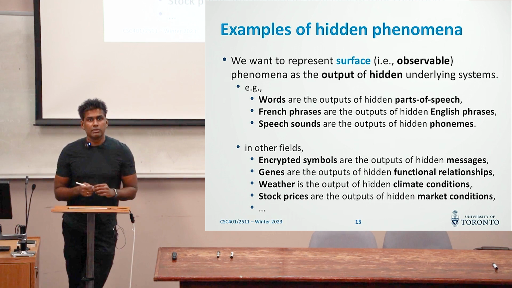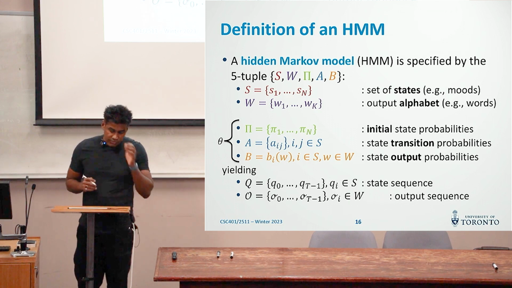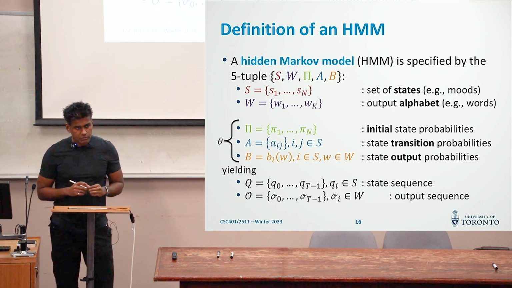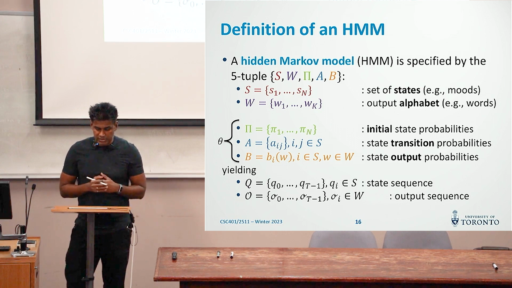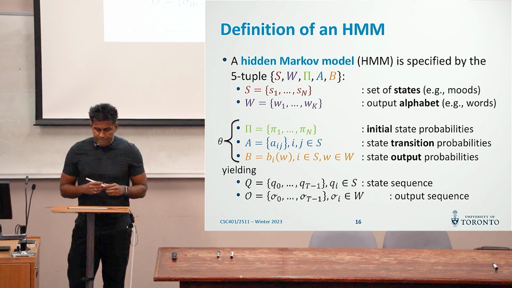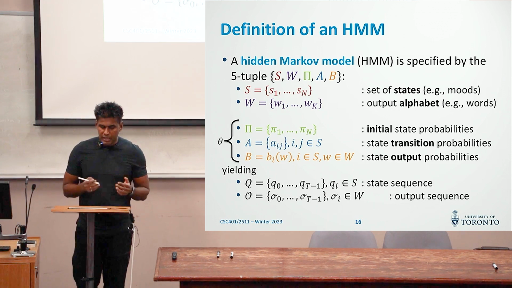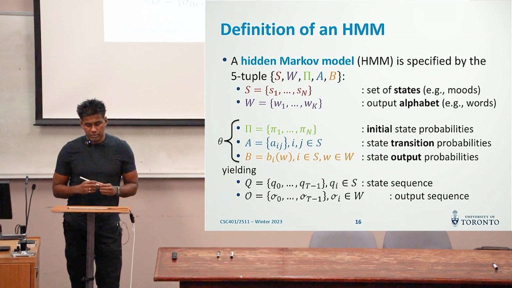So let's formalize the notion of a hidden Markov model. We can formalize an HMM as this 5-tuple over here. First we have S, the set of all possible states. In our running example, this is the 3 moods. And then we have W, the output alphabet, our observation tokens that we see.